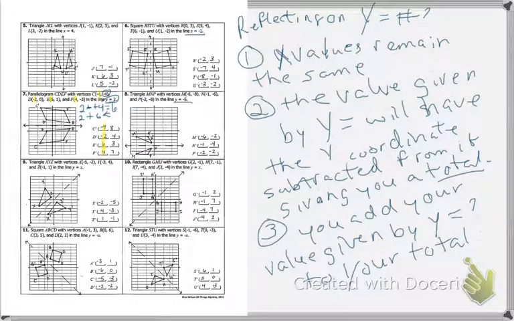That equals 8. Bam. You go to the next one, D, 0. So it's 2 minus 0 equals 2. You take your given value, you add the total, and you get 4. There you go.